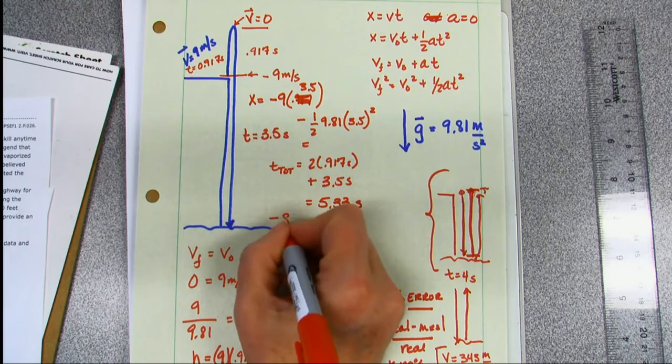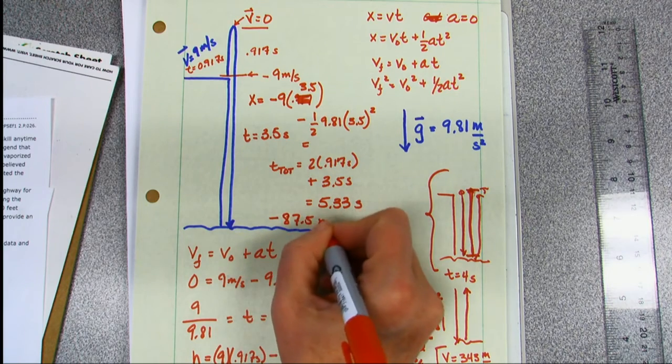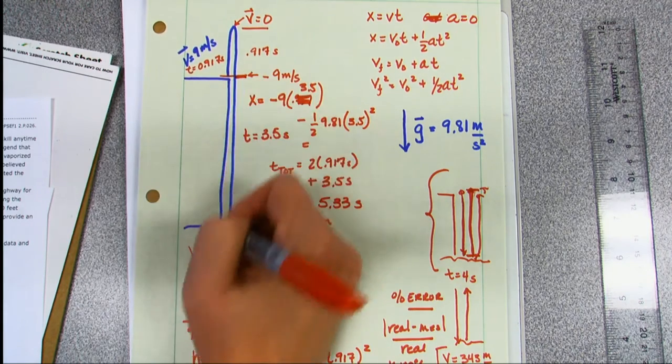That's negative 87.5 meters, but that's the distance from here to here.